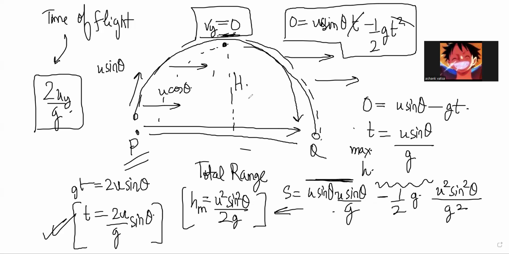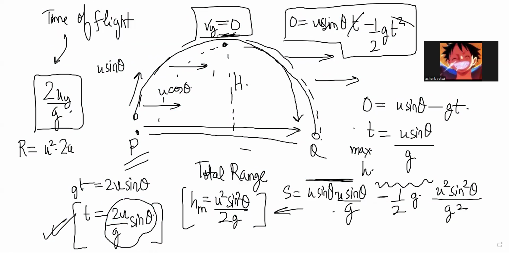So there is no acceleration in the x direction, which means its x direction velocity cannot change. And if x direction velocity is not changing, the distance it will cover will be that velocity times the total time of flight, right? So the total range is u square into 2 sine theta cos theta by g.